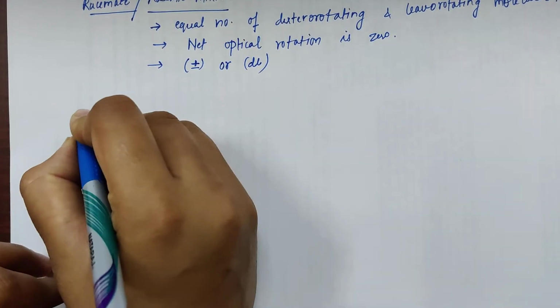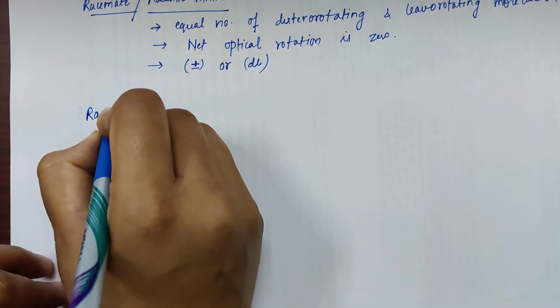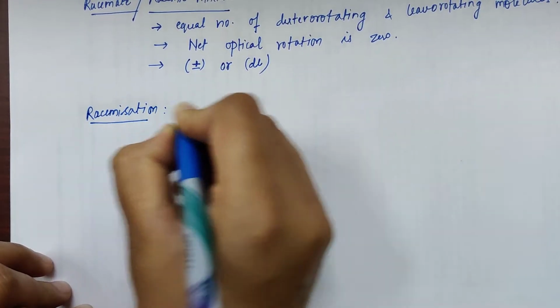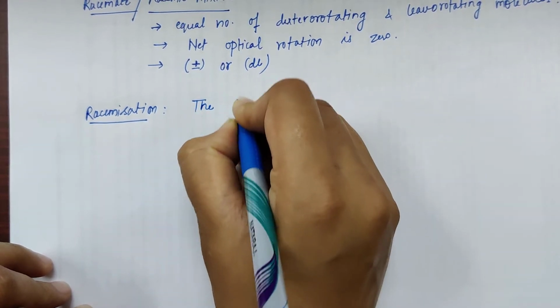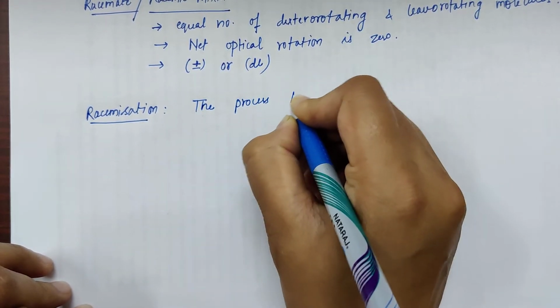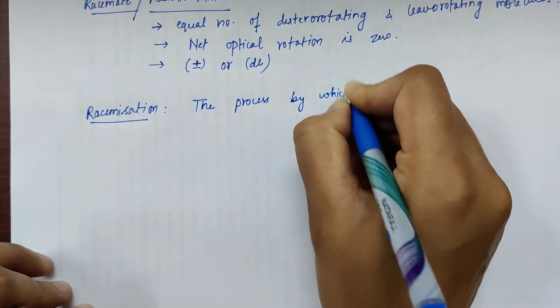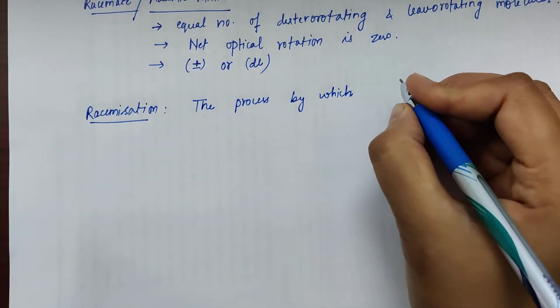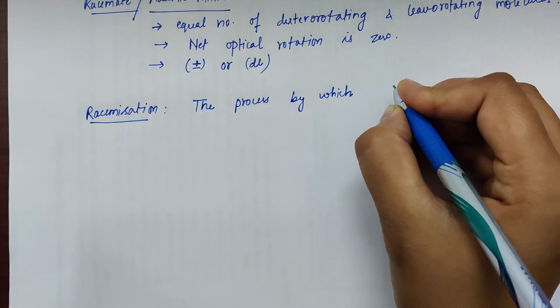Next thing is racemization. Racemization is the process by which a pure enantiomer is converted into the racemic mixture.